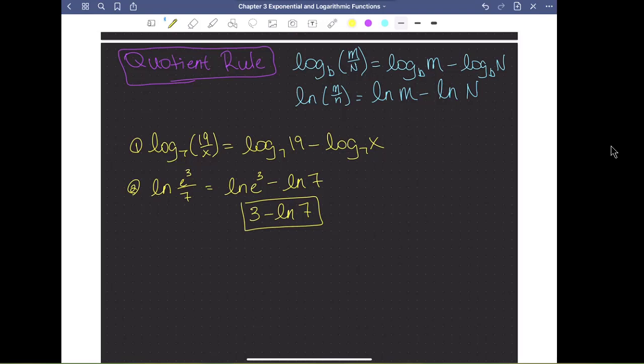So the last one we have is the power rule. So power rule is what we're talking about when we're looking at exponents. Exponents, powers are kind of the same principle.